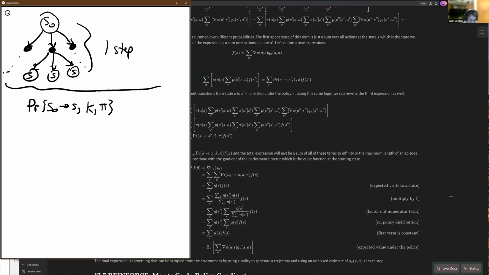And then as you increase K, you just expand this chain down to new sets of states. So we end up having this expression, which is the sum over K of the probability of going from S naught to S in K steps under the policy.